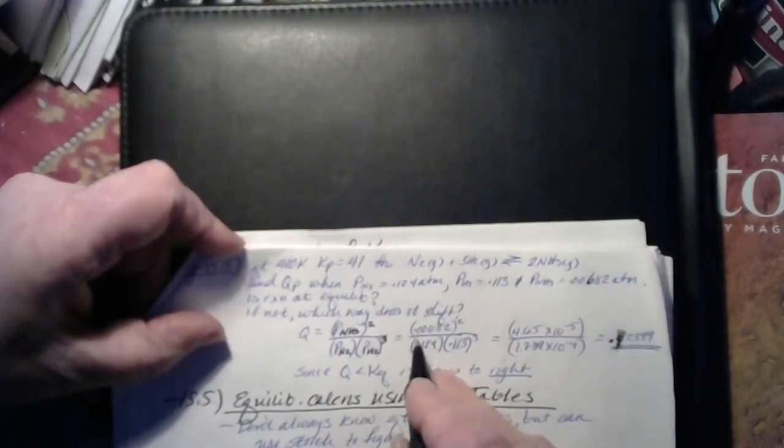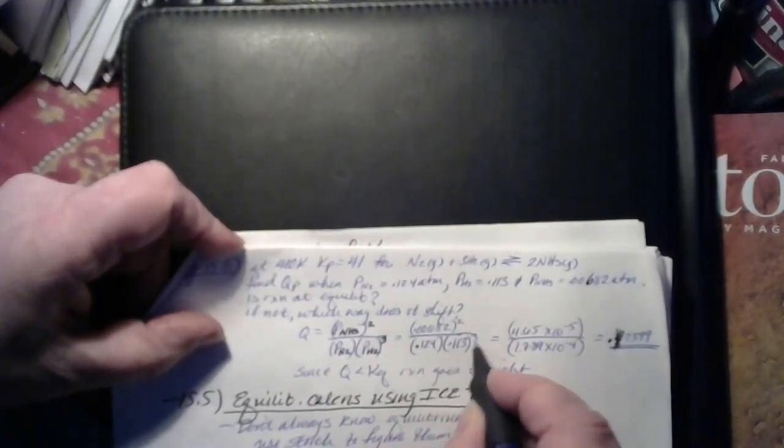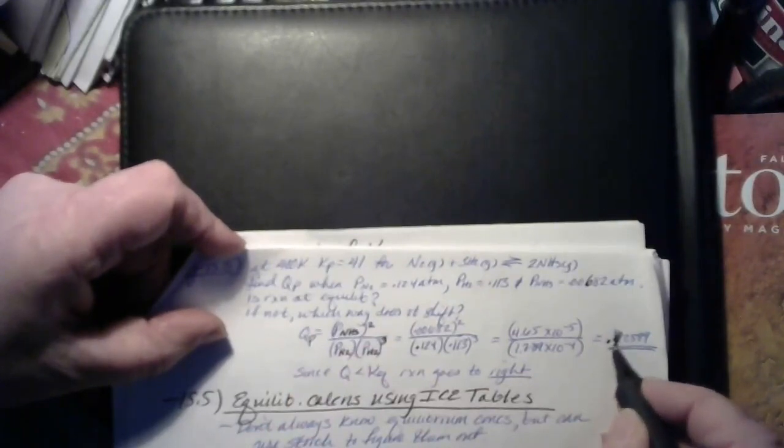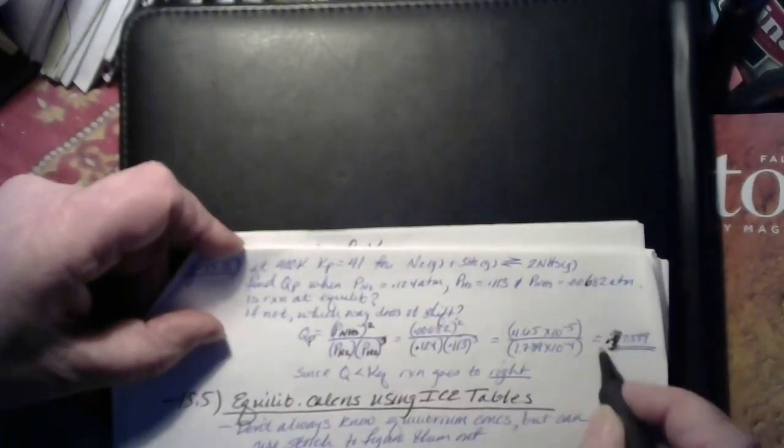And that's going to be 0.00682 squared over 0.124 times 0.113 to the third. And you end up with Q, QP in this case, being 0.2599.